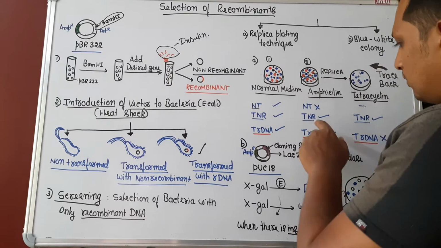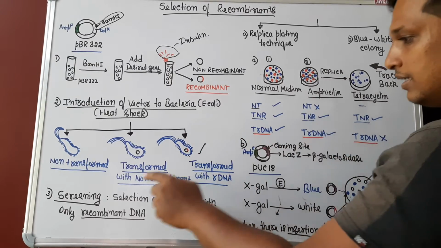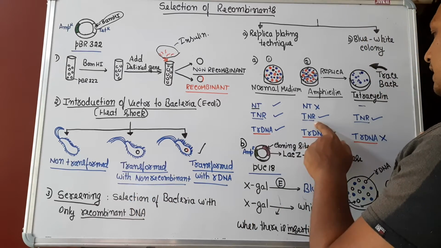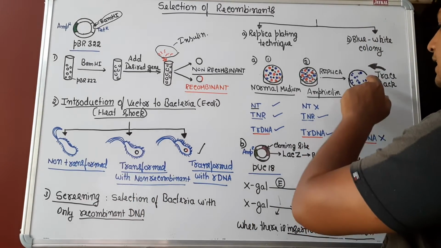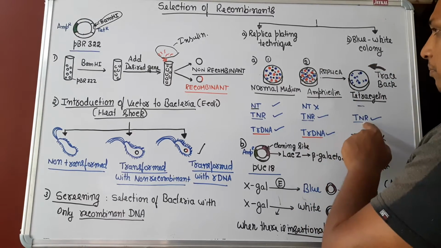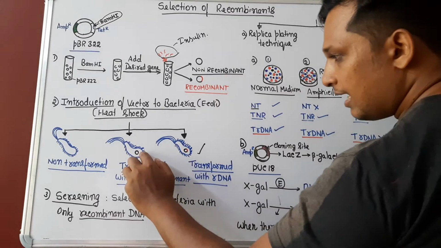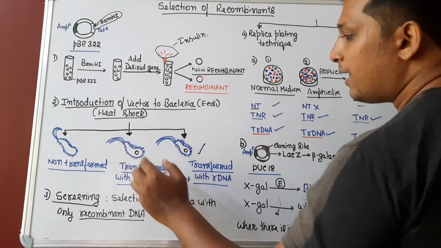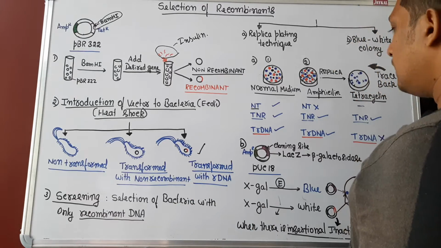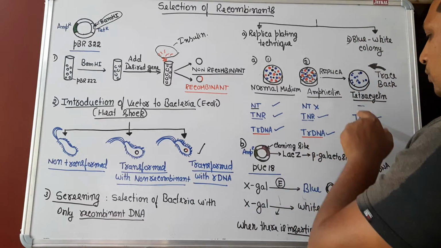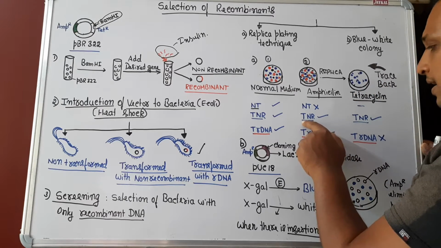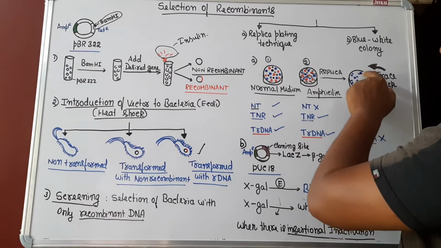Now transformed E. coli with non-recombinant DNA will grow in tetracycline medium in the copy plate. Why will they grow? Because these have an intact plasmid, their tetracycline gene has not been cut at all. Hence, they will grow. Blue color indicates the transformed cell with non-recombinant DNA will be growing.